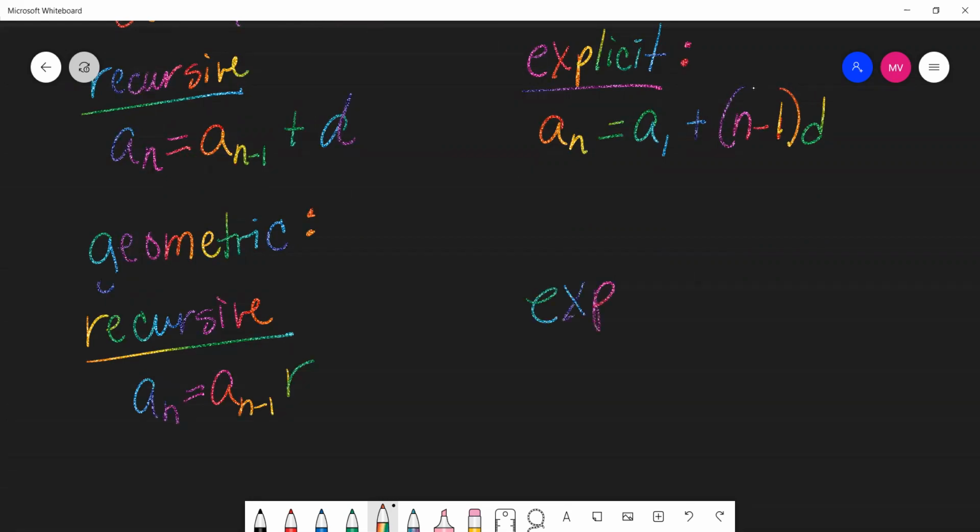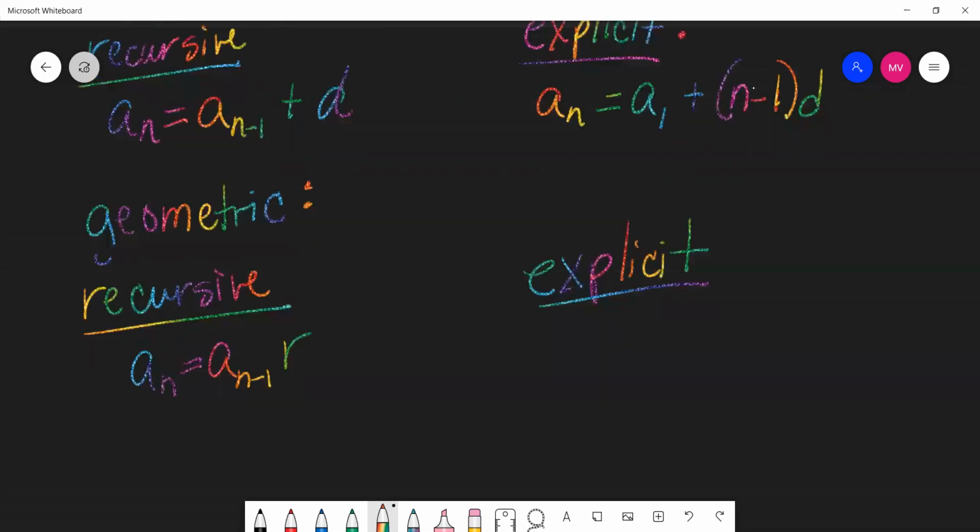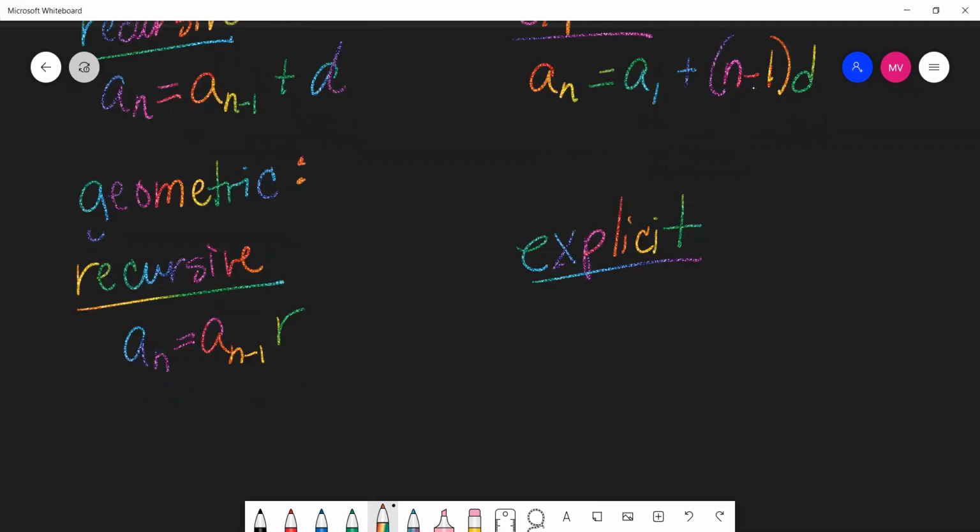The explicit form of this escalates from a multiplication to an exponent, which is like that next level. So the explicit formula for a geometric sequence is the term at position n equals the first term in the sequence times the ratio raised to the power of the previous position number.